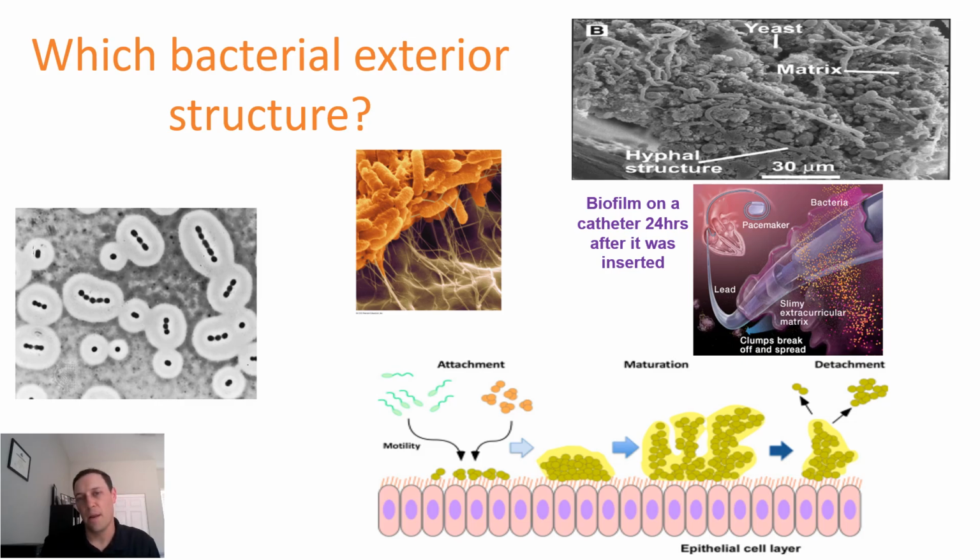Up here in the upper right, we can see that there is a biofilm that we're taking a look at. In this case, it has some yeast that has been deposited within the biofilm as well as bacteria. And you can see that between all of these cells is the extracellular matrix that makes up that slimy protective layer.